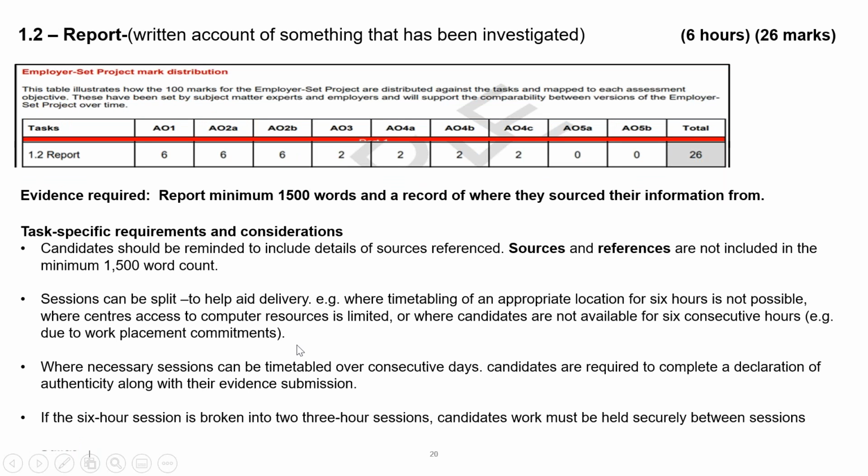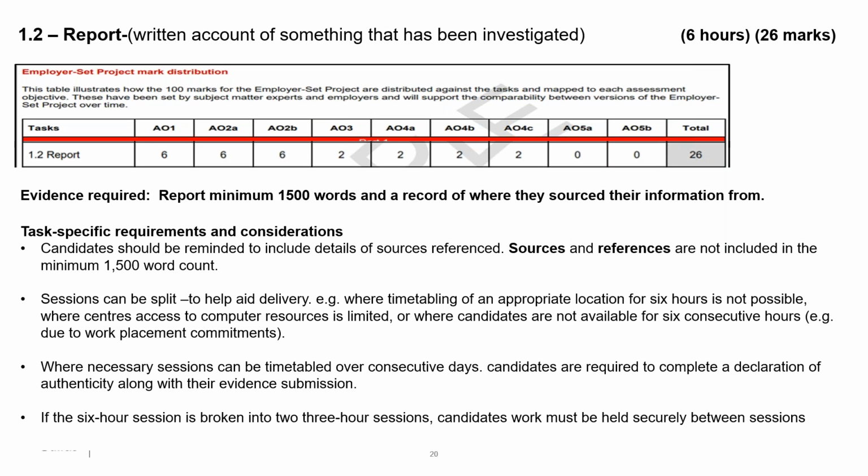Moving on to task 1.2. What you're going to see a lot of within these tasks is the word minimum. And I just want to explain a little bit more about that. So task 1.2 is about a report. Those candidates have to do a report from their brief.